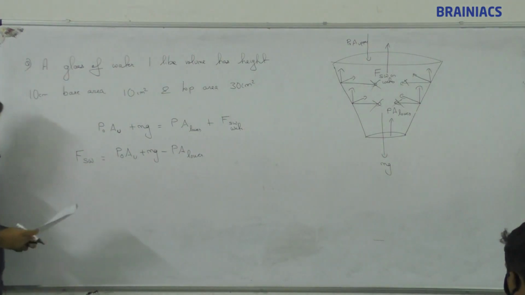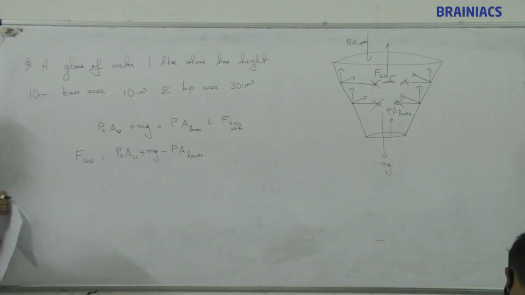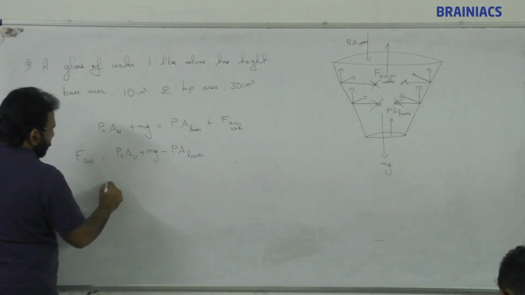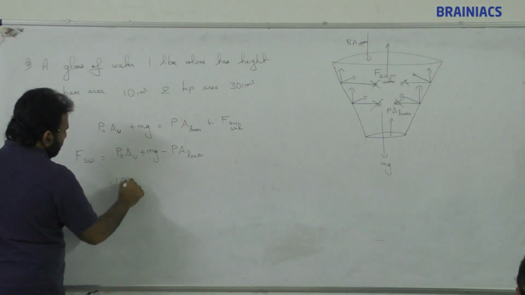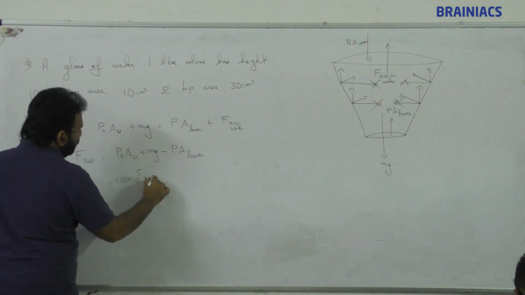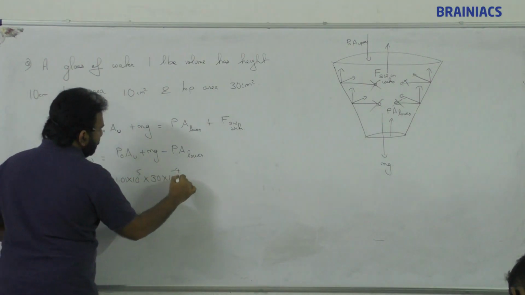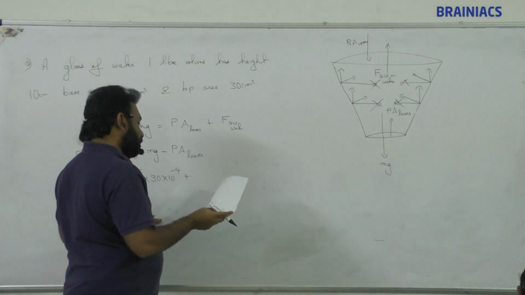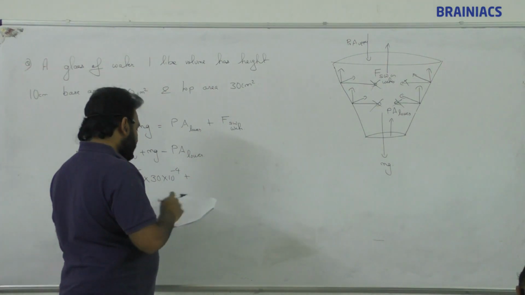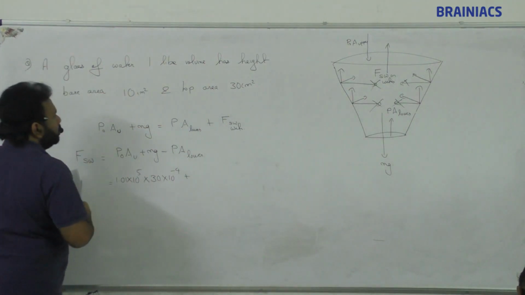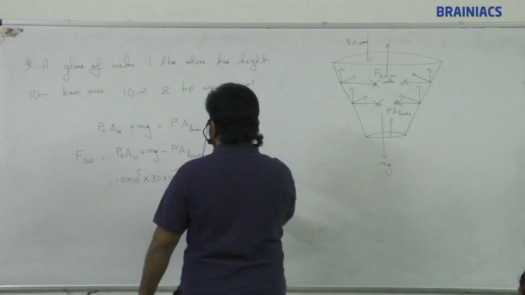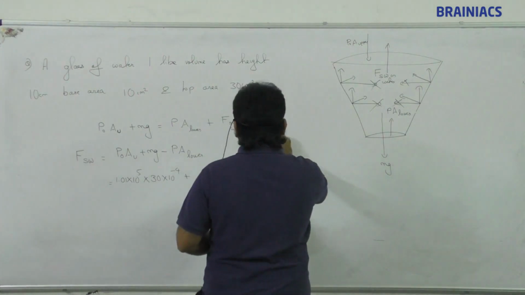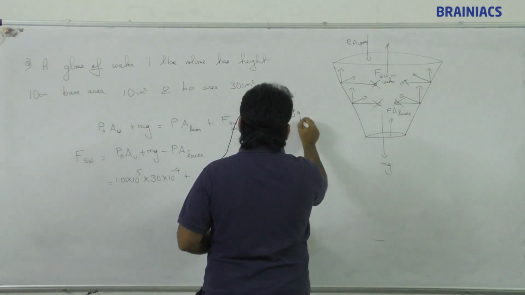So to solve this, we'll be getting the answer. Atmospheric pressure into A upper: 1.01 into 10 raised to 5 into 30 into 10 raised to minus 4, plus mg. Mass is not given directly, but volume is given, 1 liter. So mass is V rho g.